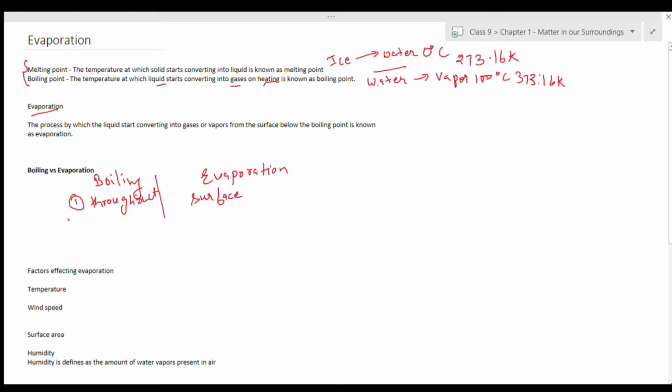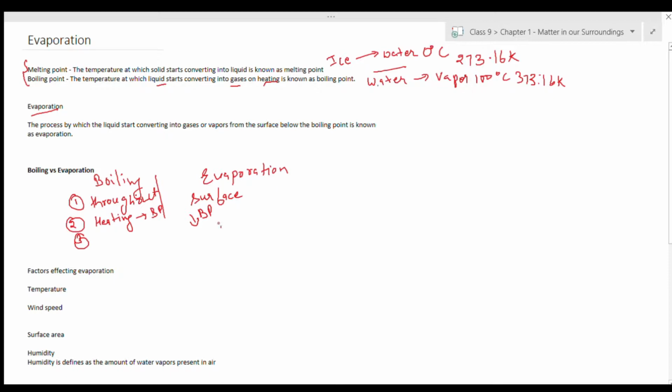The second difference is boiling requires heating up to the boiling point, whereas evaporation occurs below the boiling point. Third difference is that evaporation is always happening.